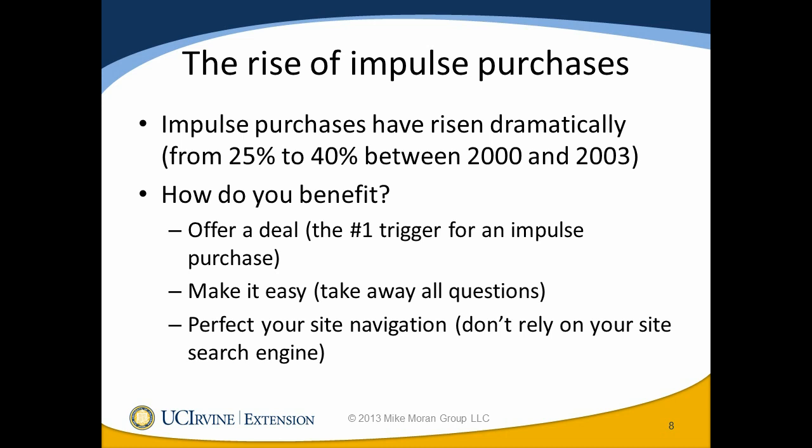So impulse purchases in offline retailing typically have to do with things that you decide to purchase once you already came to the store to buy something else. So it might be the pack of gum at the register, it could be a candy bar, it could be a magazine, but it's usually something that just catches your eye, often at the register, but sometimes in other places in the store, that you say, oh yeah, we should have that too.